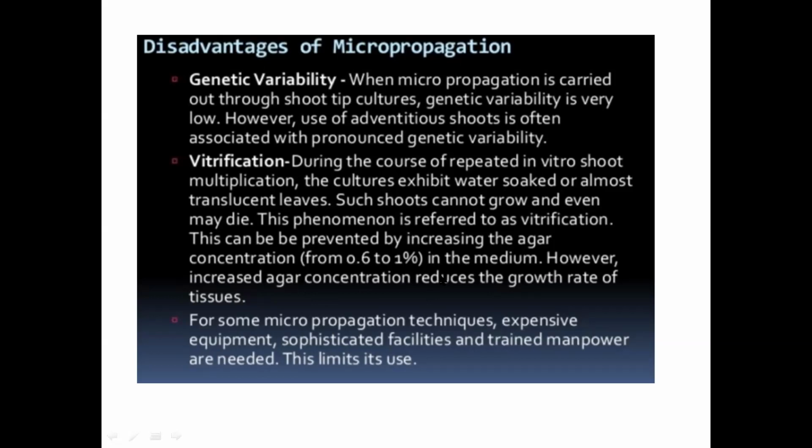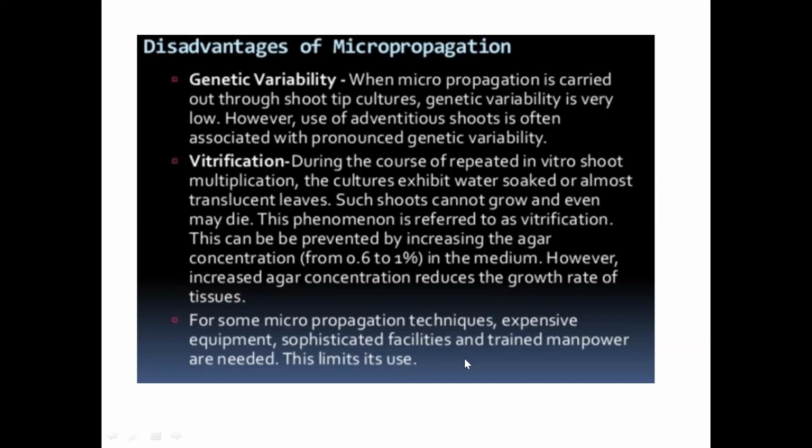But this is very challenging, because if you increase the agar concentration, the moisture availability will go down. If you decrease the agar concentration, you may have to face vitrification. So everything is quite a challenge in micropropagation. Even though it has more advantages, the actual process is a challenging process.